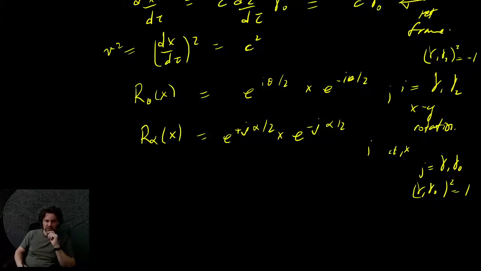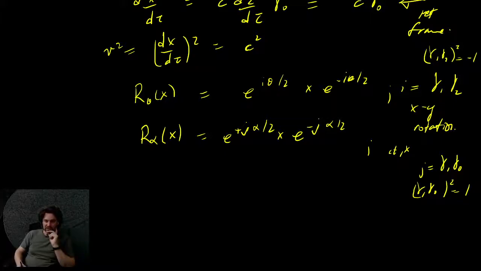So it means that rotations that are in space-time are hyperbolic, whereas rotations that are in space only are trigonometric. And so if we were to write out this in its matrix representation, we'd find sines and cosines. And if we were to write out this in its matrix representation, we would find that we have cosh and sinh.